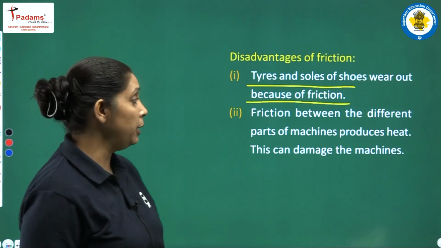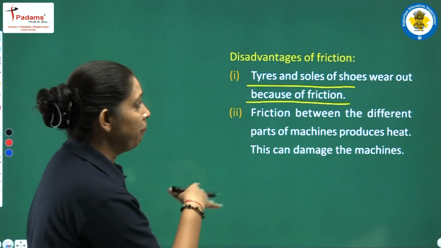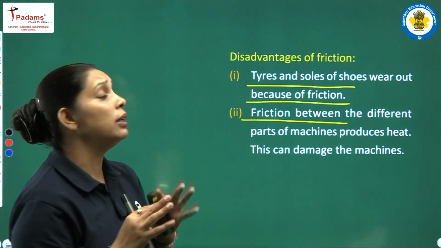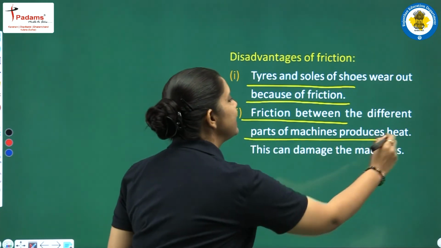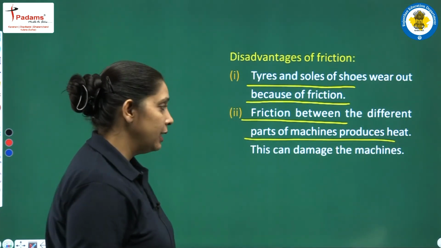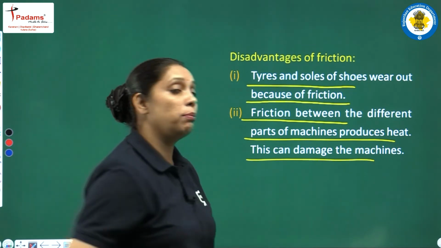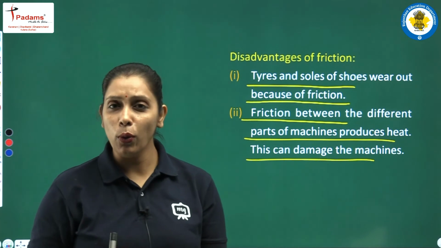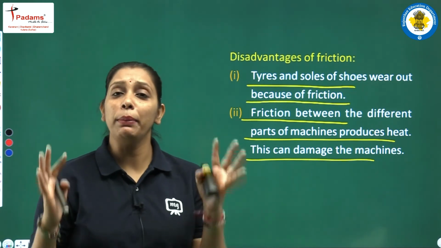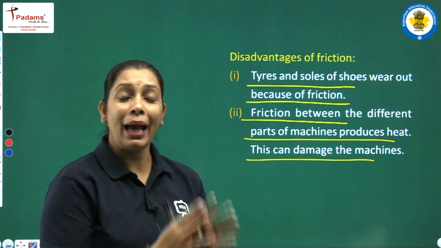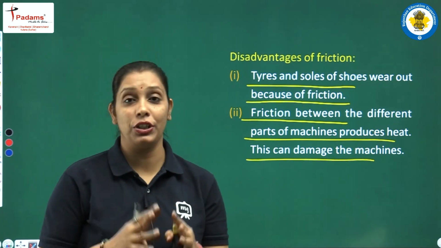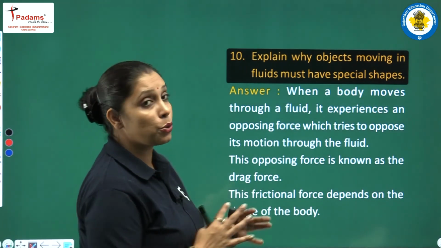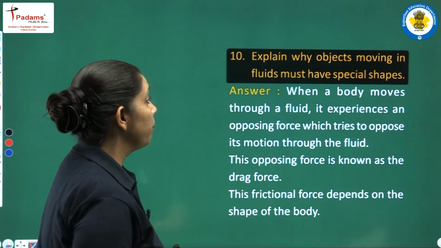Yes. फाइन, मैंने अभी जस्ट थोड़ी देर पहले ही आपको बताया. सेकेंड वन, फ्रिक्शन बिटवीन द डिफरेंट पार्ट्स ऑफ द मशीन्स प्रोड्यूसेस हीट. दिस कैन डैमेज द मशीन्स एंड दिस इज द डिसएडवांटेज ऑफ फ्रिक्शन. आई होप you are now capable to write what are the merits and demerits of friction. Isn't it? Move to the next question class, and next question is the last question, that is question number 10.